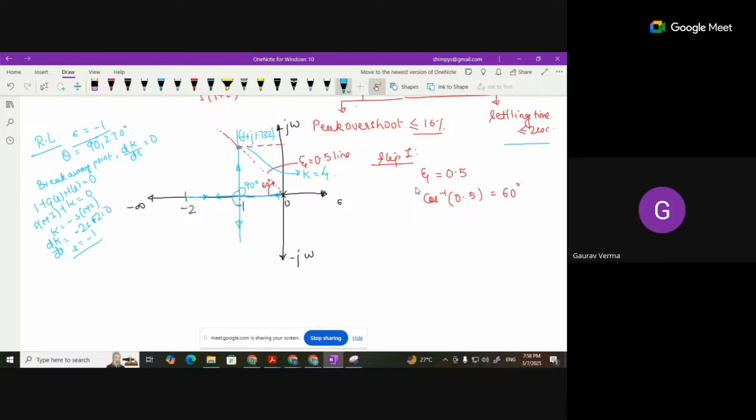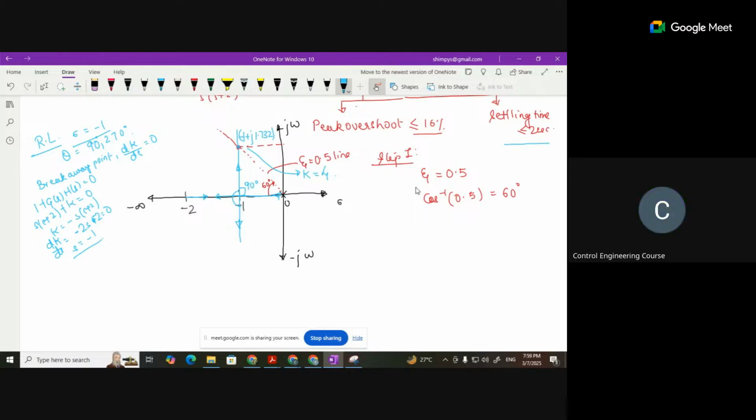Less than 2 seconds. Here we are getting a settling time of 4 seconds, right? How did you find that? You have to calculate it. So we have found out the value of K. K is equal to 4.